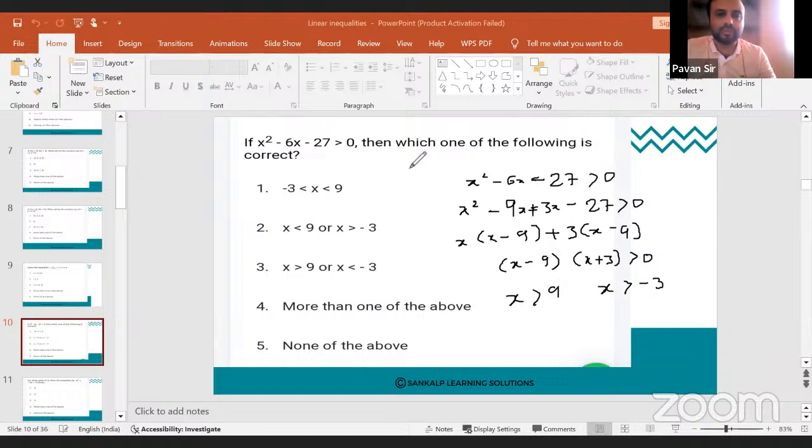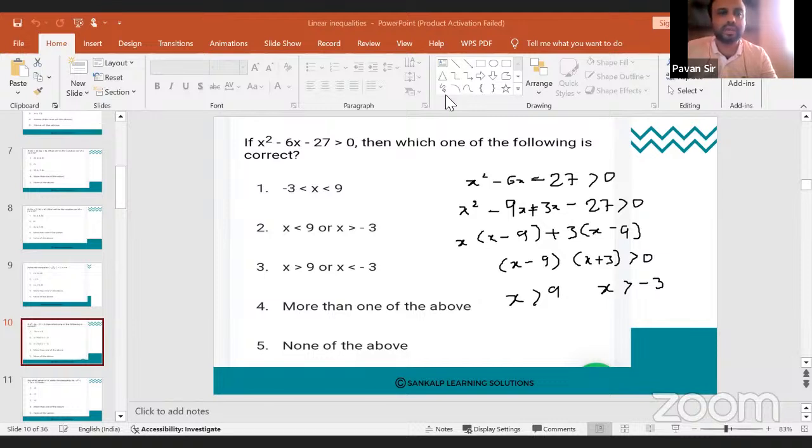Option A, many of you have given option A as the answer. So which option is the correct one, do you think?